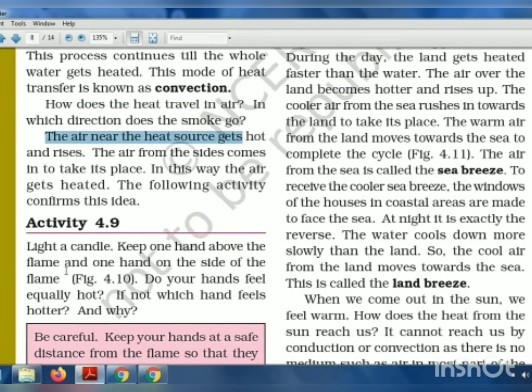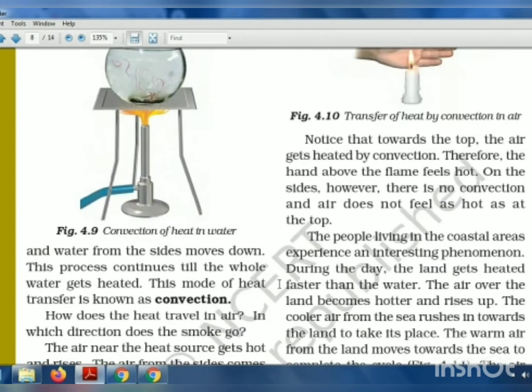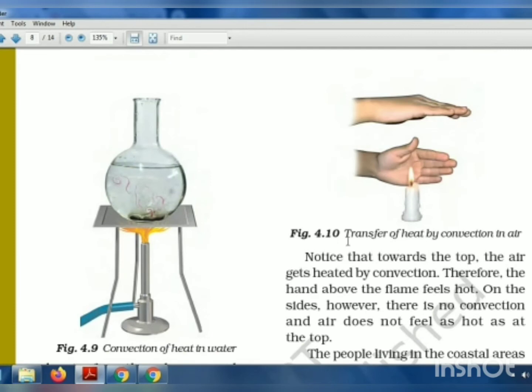You can see from this activity how the air gets heated up. Transfer of heat by convection in air. You can light a candle and put one hand beside the candle and one hand above the candle. One hand will be on one side of the candle, the other hand will be on top. So you can feel which hand is getting heated.